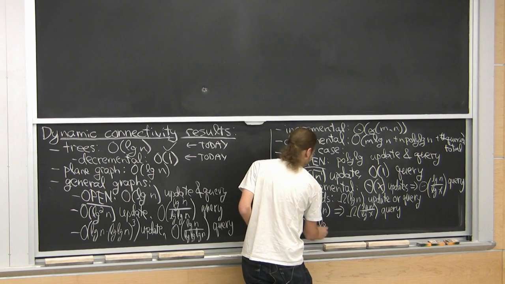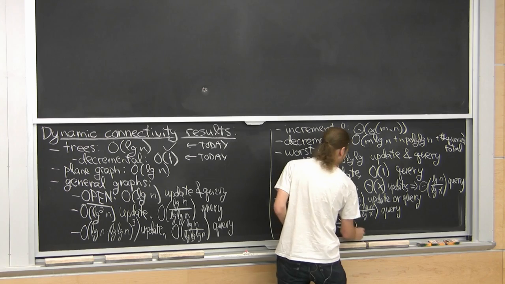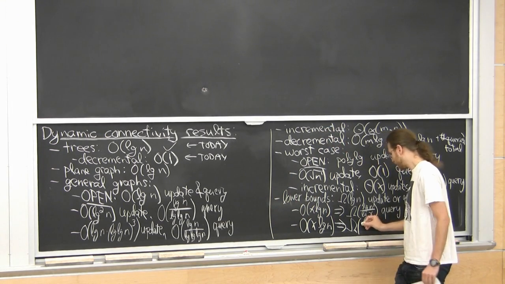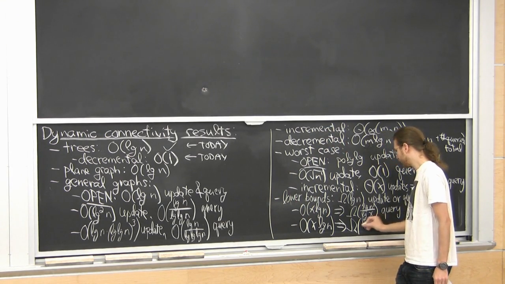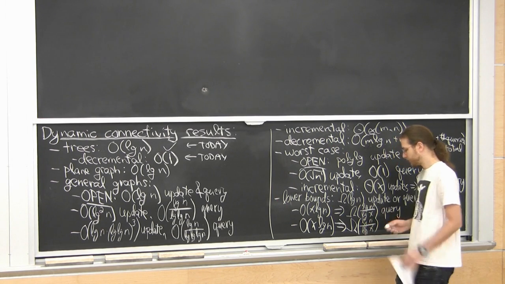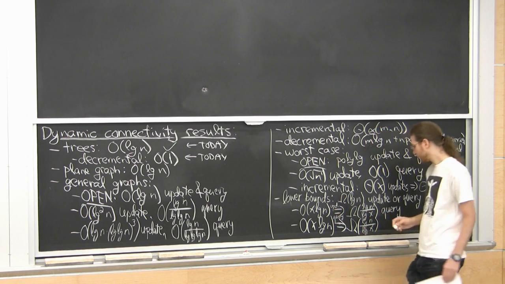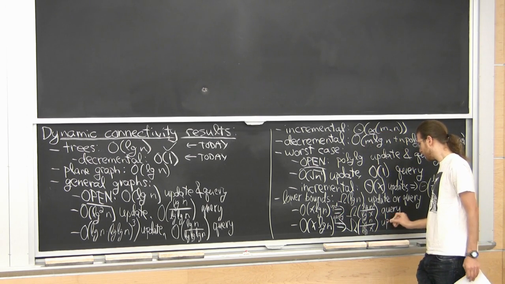There's a log on the left-hand side. And these results hold for amortized solutions. Oops, key words missing here. This is an update bound, and this is a query bound. So these are basically symmetric results.